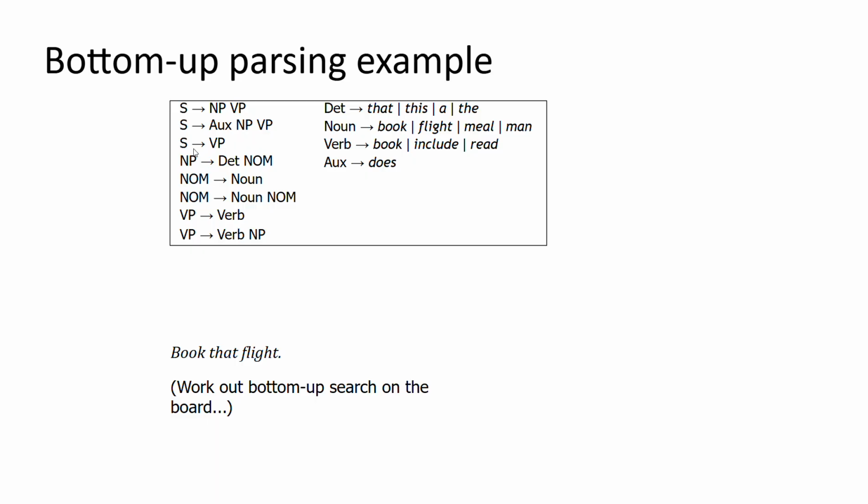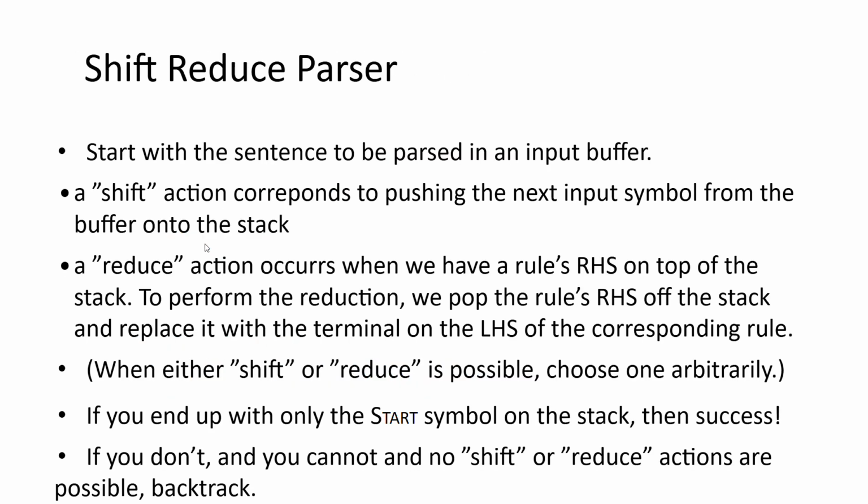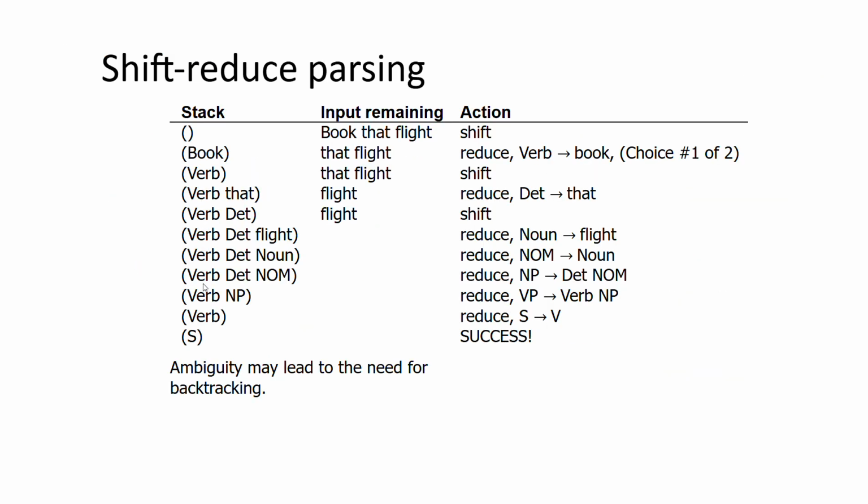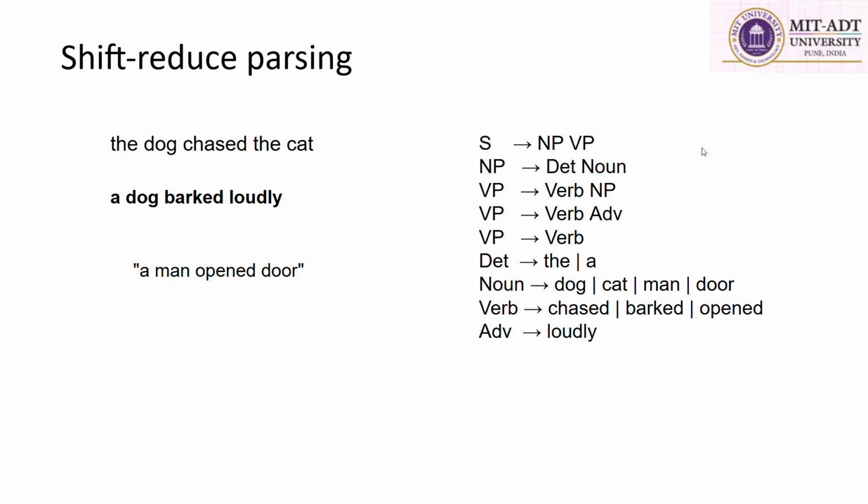Because S is equal to VP. Okay, verb NP will become VP and S is equal to VP, so I finally reduce to success. If there is ambiguity, you have to backtrack and choose another rule, but since you got a success, you don't have to go for choice number two. This is how shift reduce parsing happens.